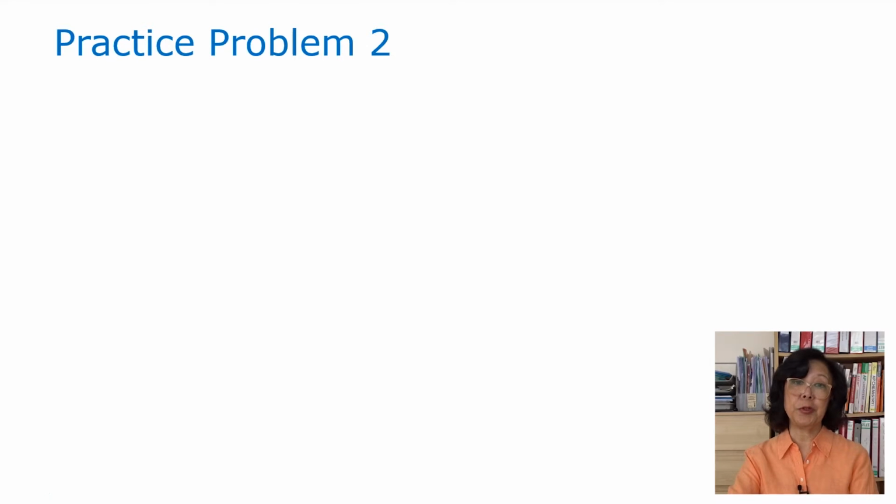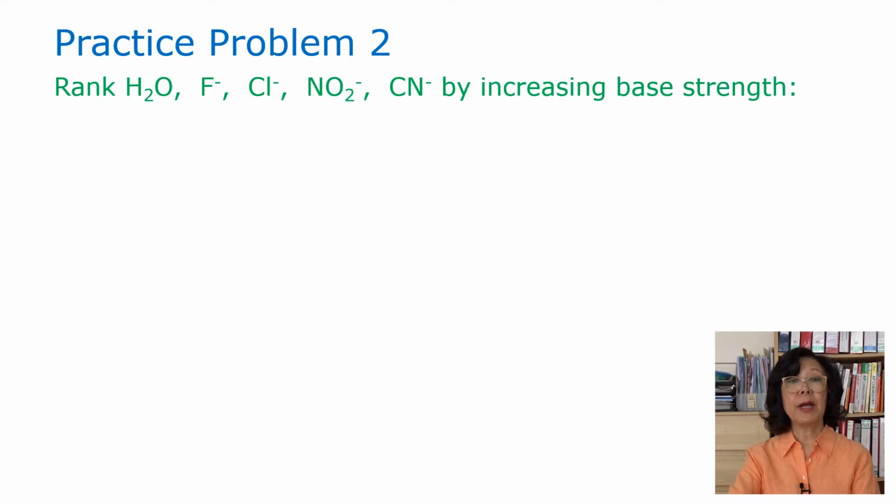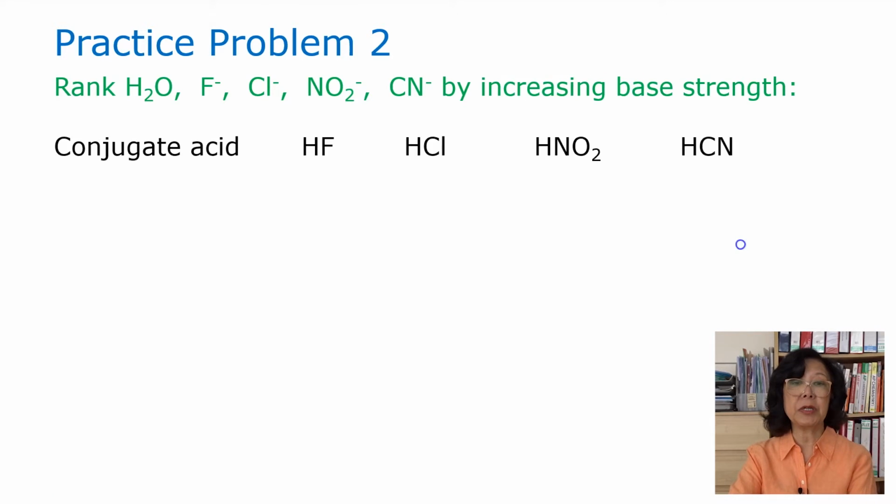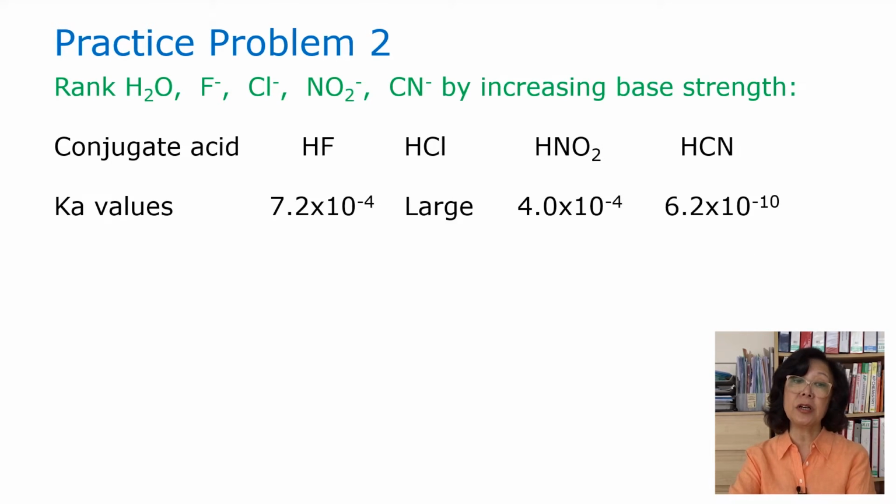Practice problem number 2. Rank water, fluoride ion, chloride ion, nitrite ion, and cyanide ion by increasing base strength. Since these are the conjugate bases of acids, we go to the conjugate acids first, HF, HCl, HNO2, and HCN, and then document the Ka values.